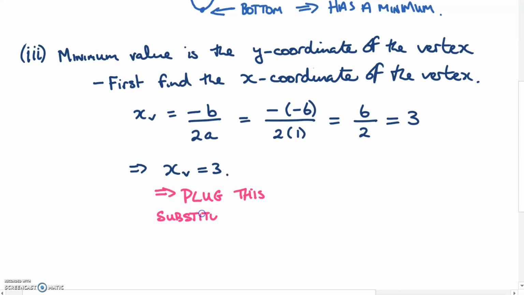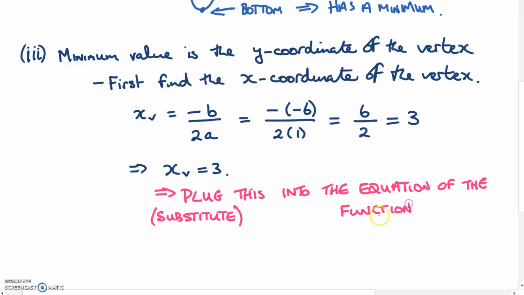Substitute this into the equation of the function and that will give you your y. Okay? That's going to give you your y value.